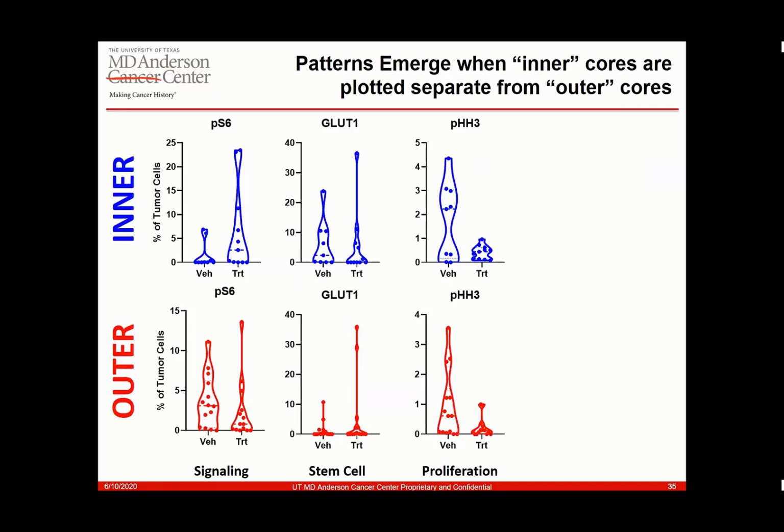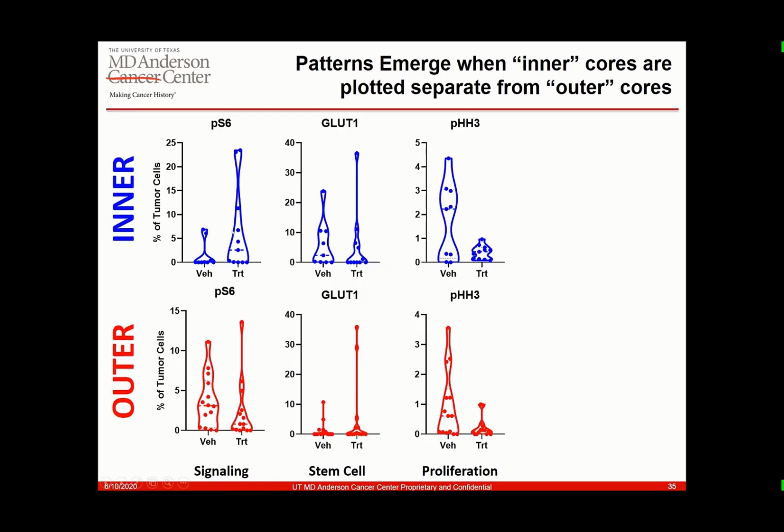So kind of recapitulating that IF image that I showed you before, the inner part of the tumor is definitely increasing in phospho-S6, while the outer part looks like it's decreasing. You can tell the data is fresh off the press in terms of data generation. So I haven't performed stats on this, but this is definitely indicative or suggestive.